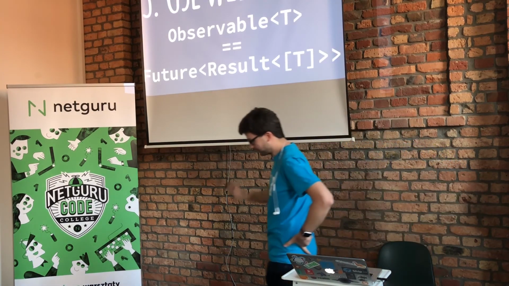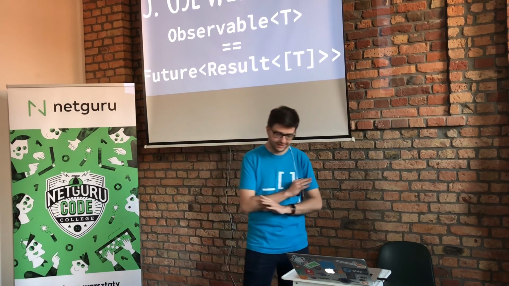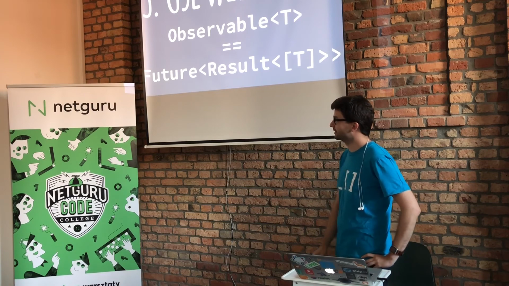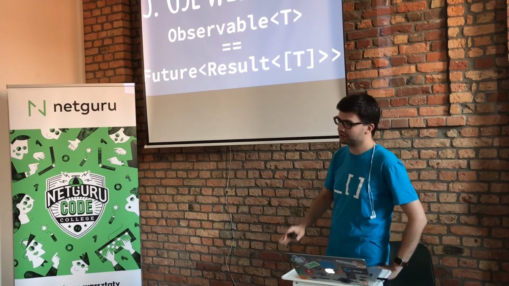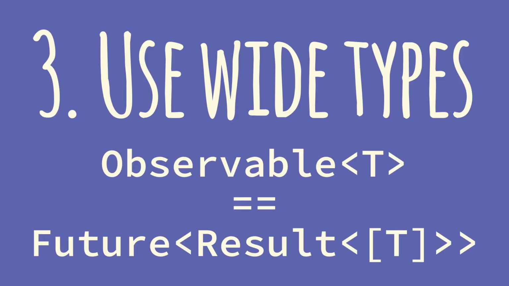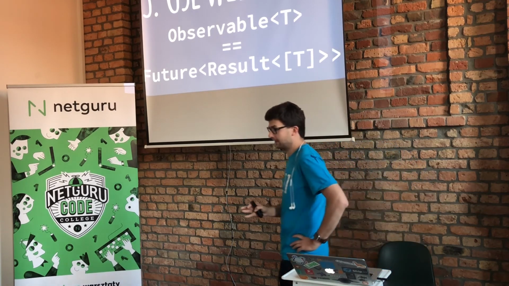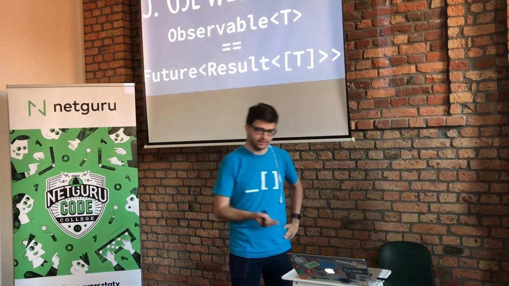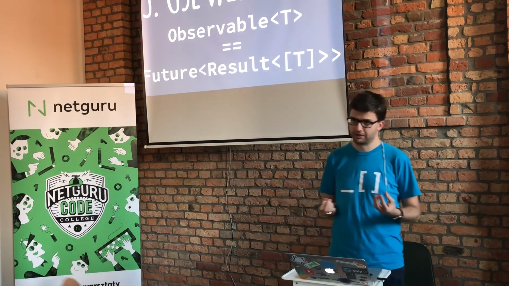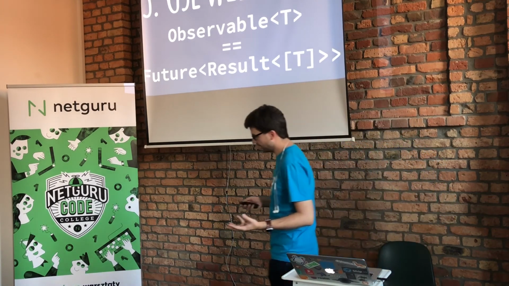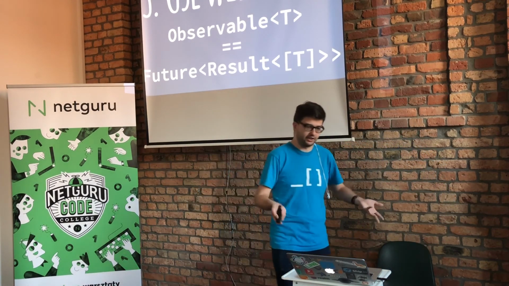Another solution, you can just forget about all these things that we're discussing here, all these problems with nested containers, and just use wide types. This is probably something that a lot of us have been doing. And the widest one, as I said, is an observable. So the observable can express a lot of things. You can use an observable as a replacement for an optional, because the observable can just, let's say, finish the sequence without returning any value, which you might interpret as nil.